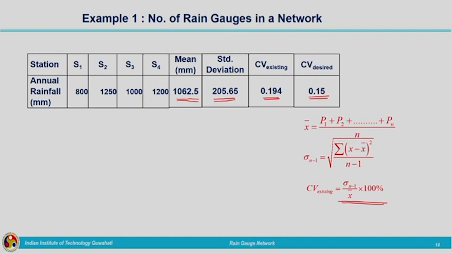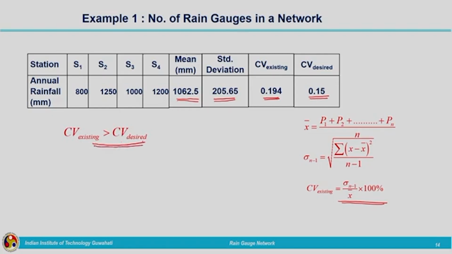It is 19.4% and the desired CV value is 15%. So, while comparing the values, you can understand that CV existing is greater than CV desired.